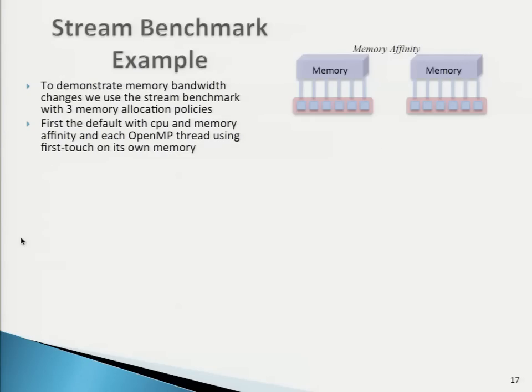The parts of the three arrays, A, B, and C, that this core will use will be allocated here. This core will use the parts also here. So this is our ideal or best case scenario.